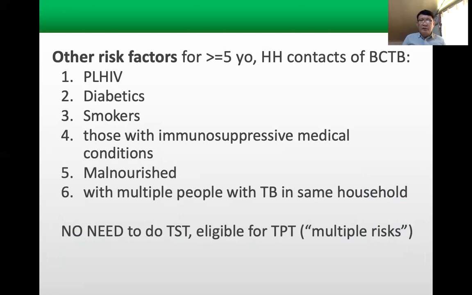So we don't need to do TST for this group, okay? Even though the age is more than 5 years old, they are household contacts of BCTB with other risk factors, as already mentioned, so no need to do TST. They are already eligible for TPT because of the multiple risks.